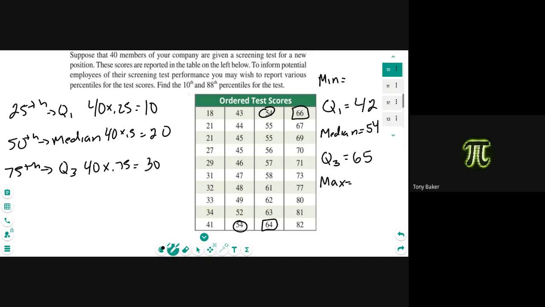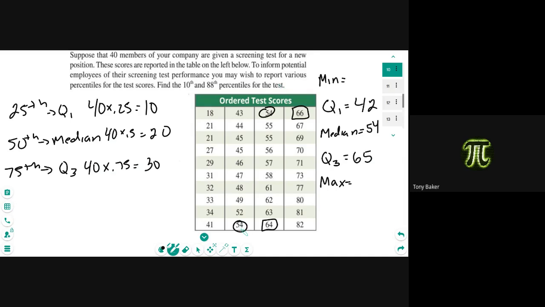And since it's an integer, we have to take the next number too. 30 is an integer. There's no decimal. So the rule stated, oh, they have to add them. I have to look at 30 and 31. 64 and 66. Right, add them and divide by 2, you get 65. So 20 is the 54 and 54.